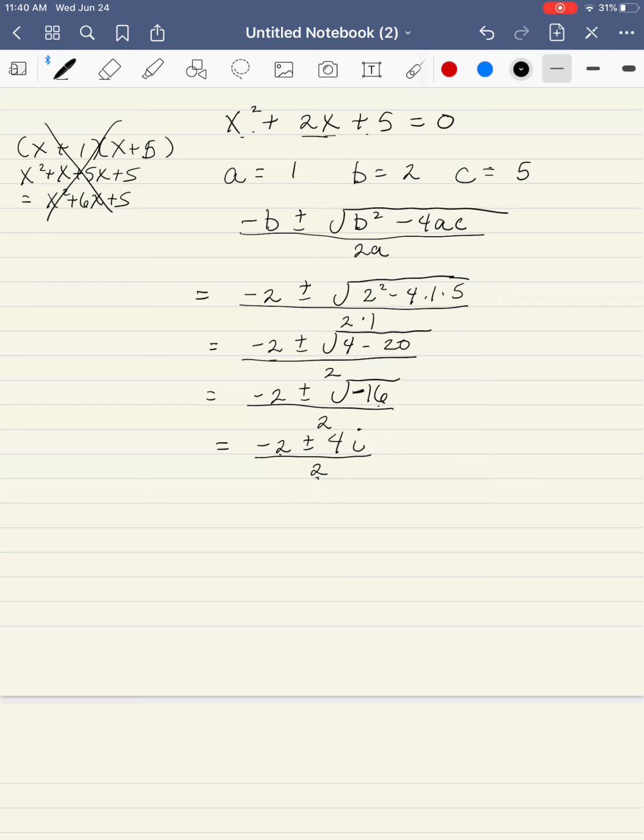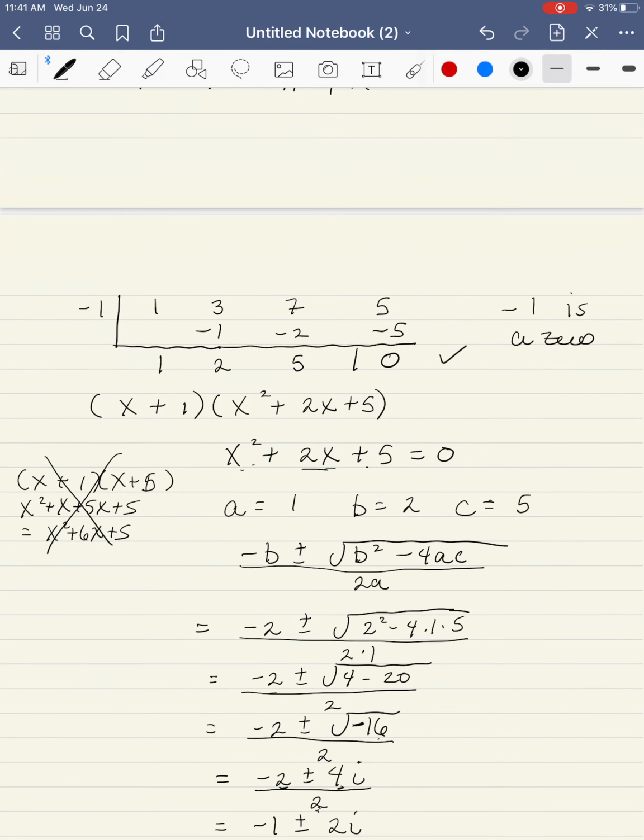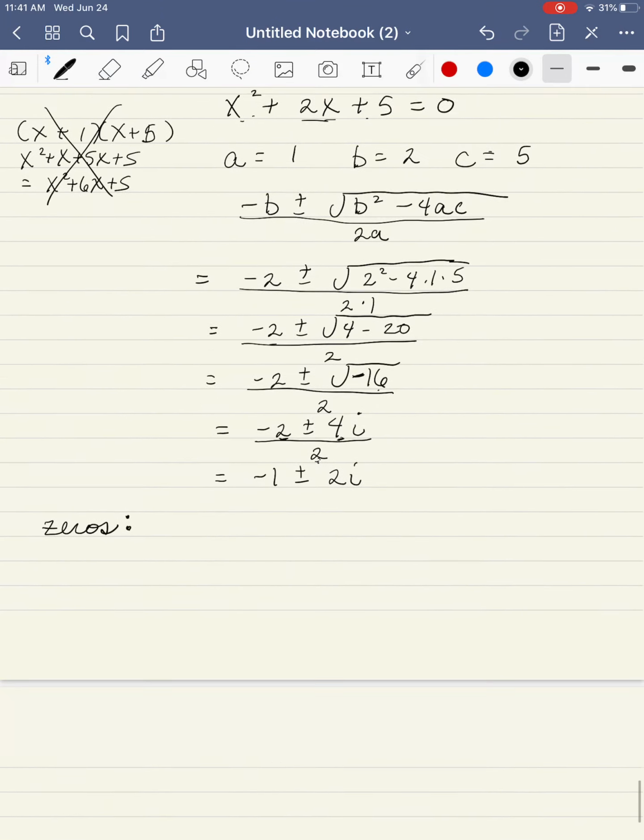And the square root of 16 is a perfect square, it is 4. And this 2 cancels the 2 and the 4. So negative 2 over 2 is negative 1. 4i over 2 is 2i. So be careful here that this 2 cancels the 2 here and the 4 here. If it won't cancel both, you can't cancel.